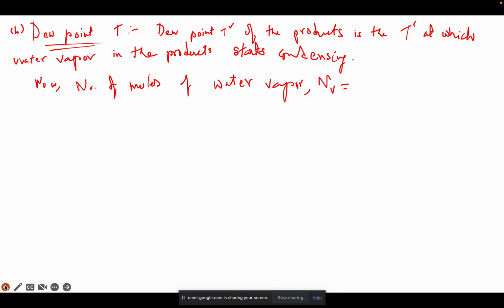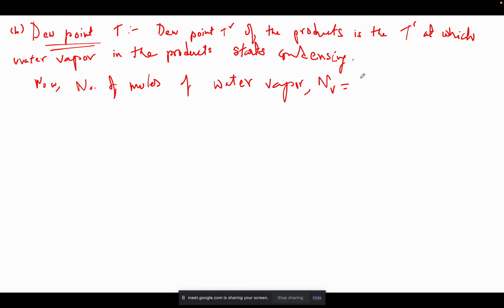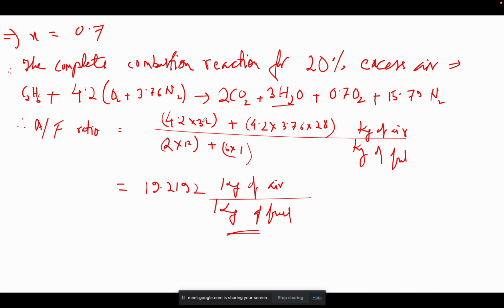How many moles of water vapor are present? 3. Then the total number of moles, this is basically N, the total number of moles in the product.